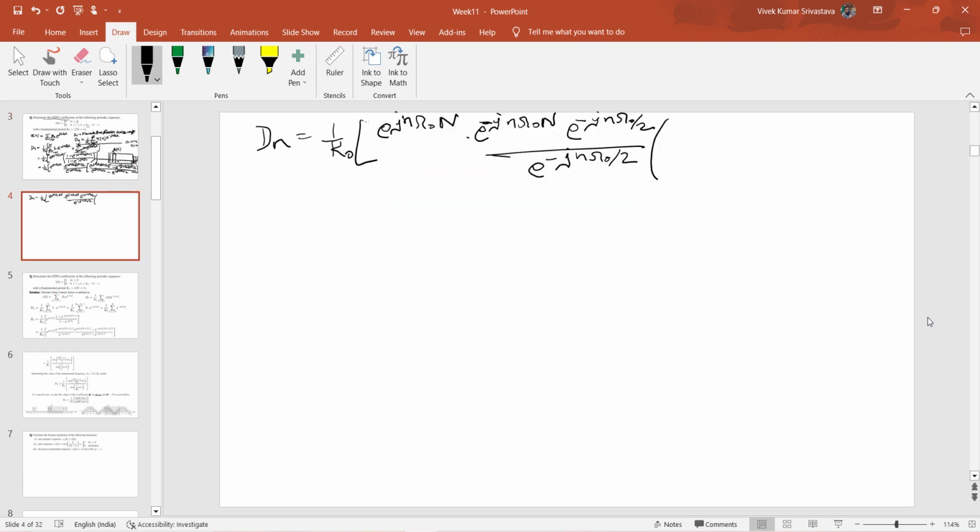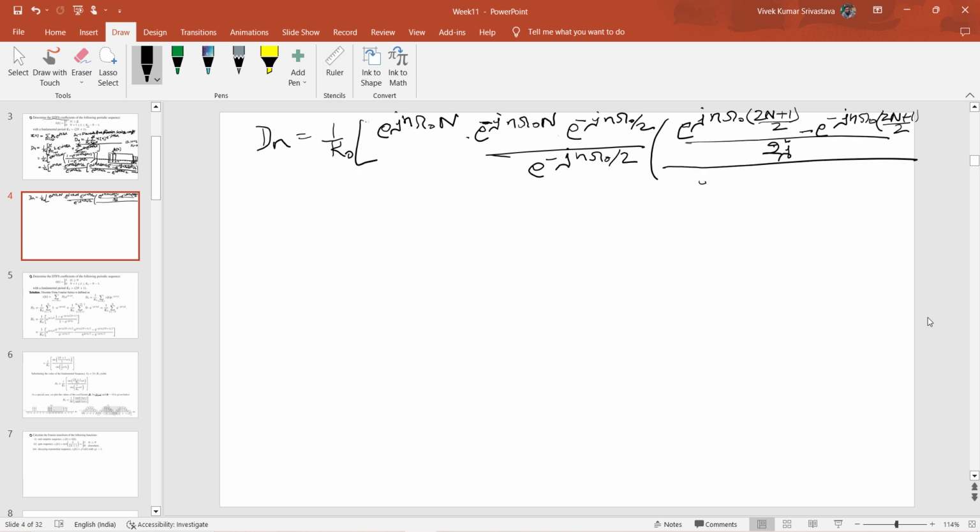So I can rewrite it as e raised to the power j n rho naught twice n plus 1 by 2 minus e raised to the power minus j n rho naught twice n plus 1 by 2 over 2j.